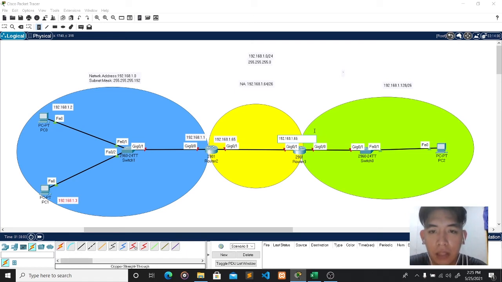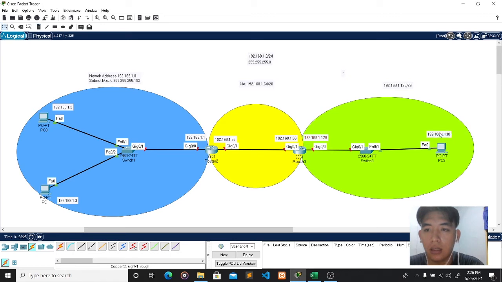Then dito sa kanyang kabilang network, 192.168.1. Ano dito 128, so magsa-start tayo sa 129. 192.168.1.129. Tapos ang IP ng PC2 is 192.168.1.130.